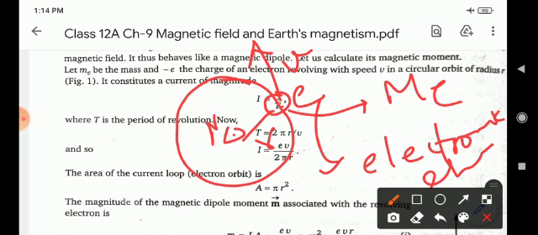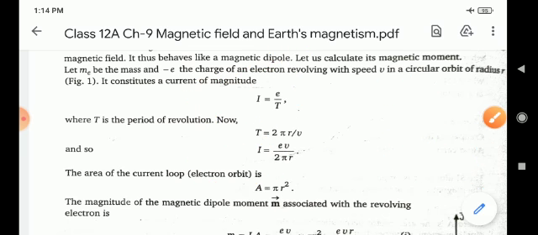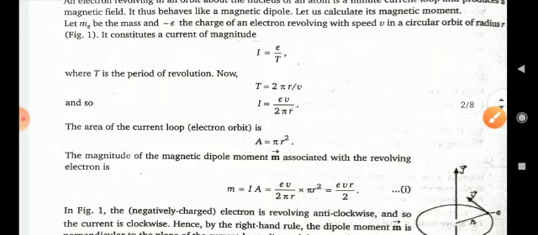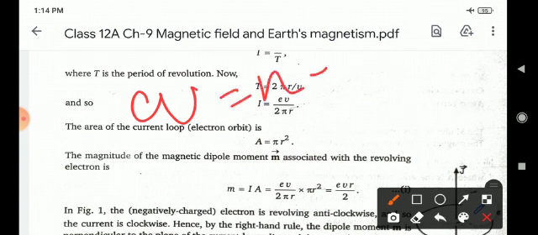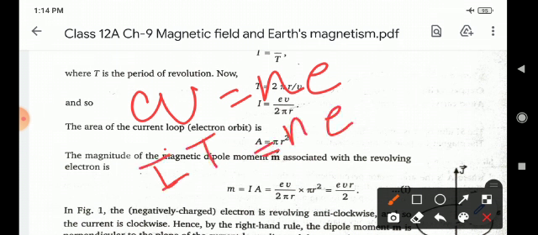Okay, children, therefore I equal to q upon t, because q equal to ne.